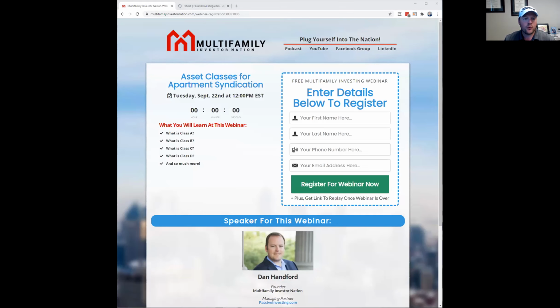And then as we go forward, if you have further questions, we can dive into a little bit more detail when it comes to each one of these various asset classes. We're going to talk about what the differences are, where you really want to be, what the different asset classes are, the risk levels based on those asset classes, and some of the return metrics that each one of them will actually have as well.